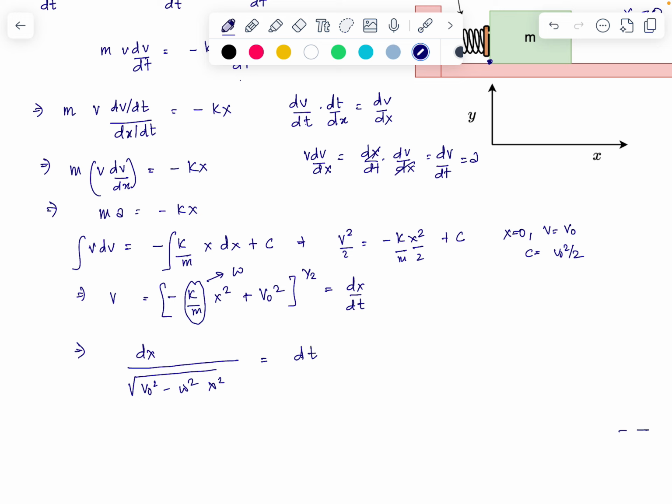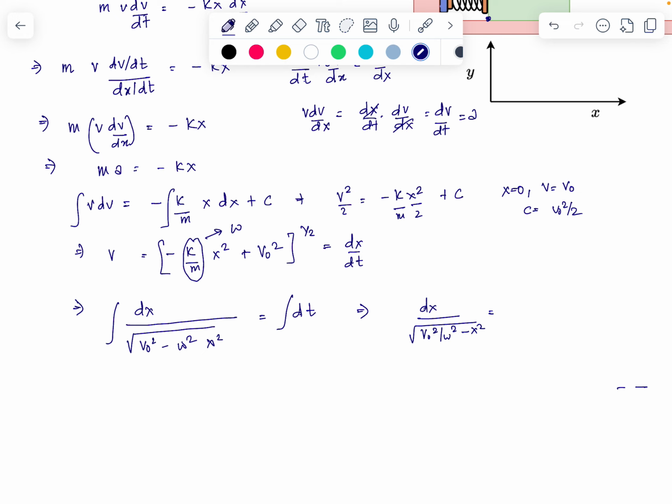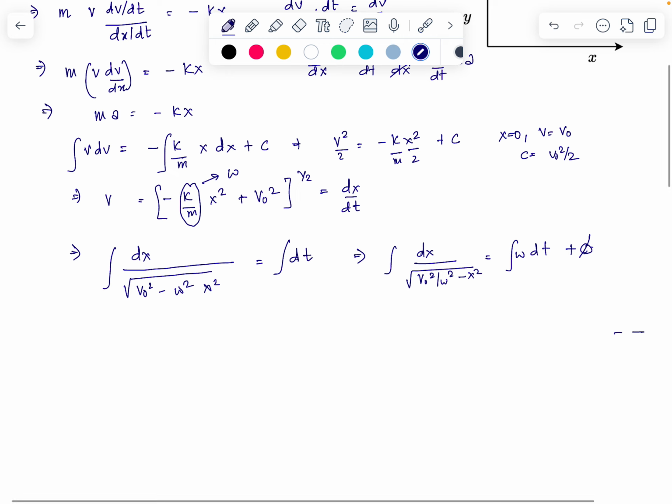And what we do is take out the omega square from near the x square, and so we get dx divided by the square root of v0 square divided by omega square minus x square equals omega dt. And we add a constant term, which we'll call phi.